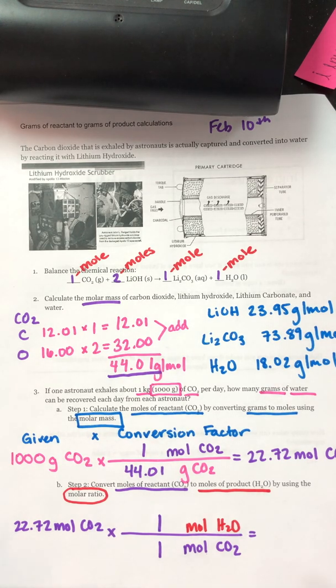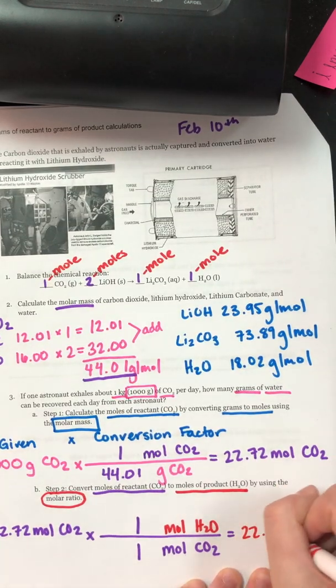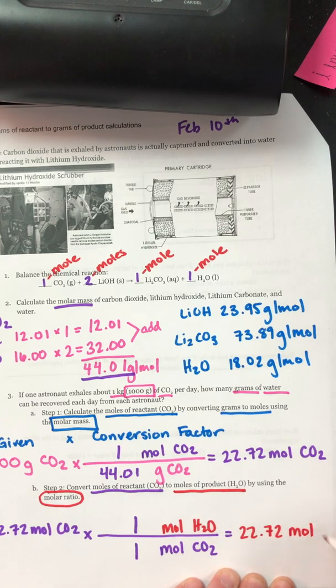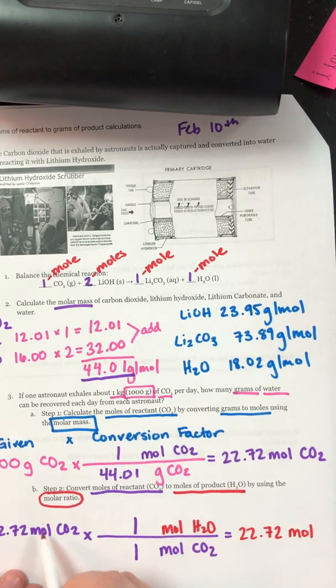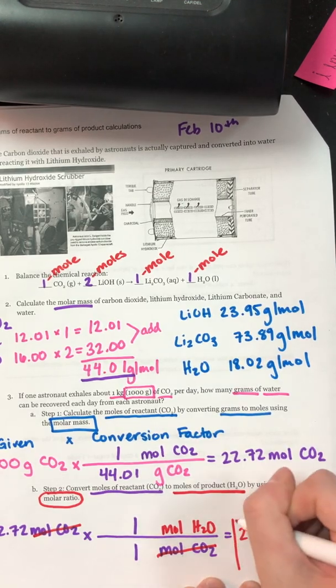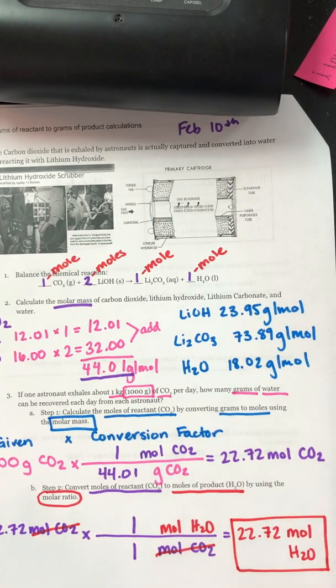So that's where I got those ones. Then this is a pretty easy problem to solve. Anything times 1 is just itself. So we're going to get the same exact number, 22.72 moles. But this time, moles CO2 cancels. So we have moles of water left. So in this step, we've essentially solved the problem.